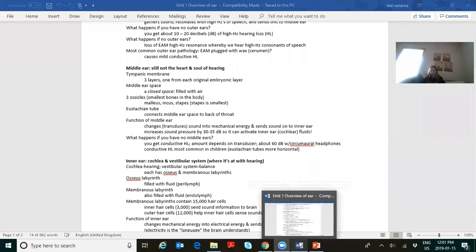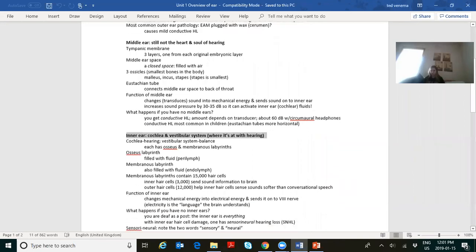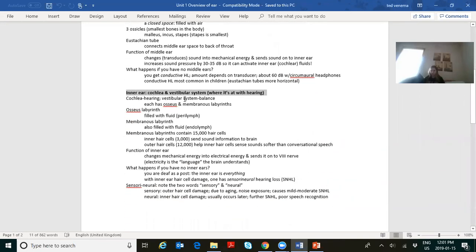And the most common hearing loss is actually not a conductive loss. The most common hearing loss is due to problems of the inner ear, right where I'm highlighting there. The inner ear and what they call the vestibular system, that's balance. Okay? But we want to focus mostly on the cochlea.